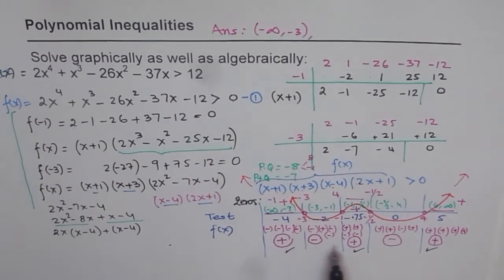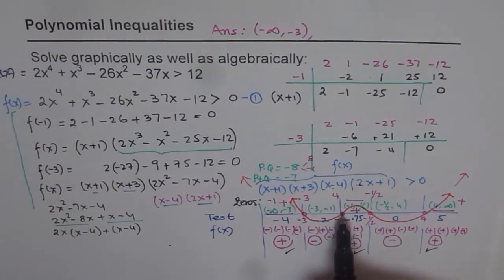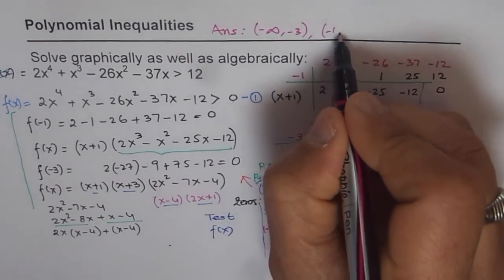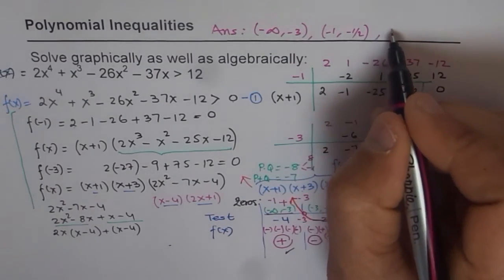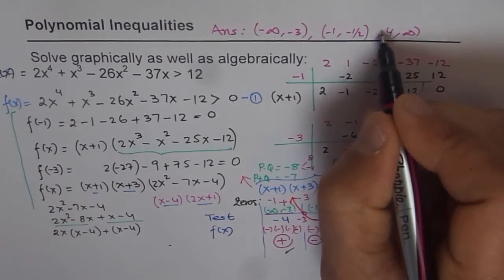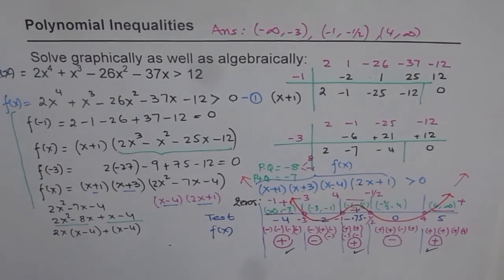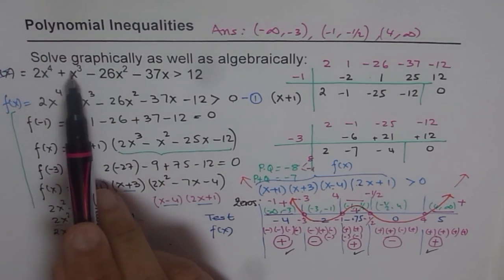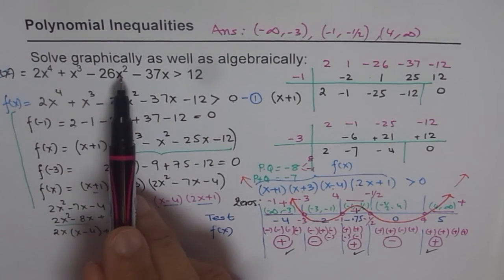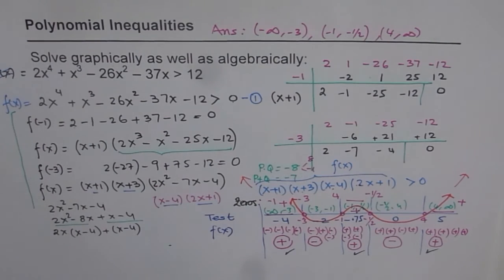That is the first section. And then the interval minus 1 to minus half, and then beyond 4, so 4 to infinity. These are the intervals where this inequality is satisfied. That is, 2x to the power of 4 plus x cubed minus 26x squared minus 37x greater than 12 is true in these 3 intervals. So that is our answer.